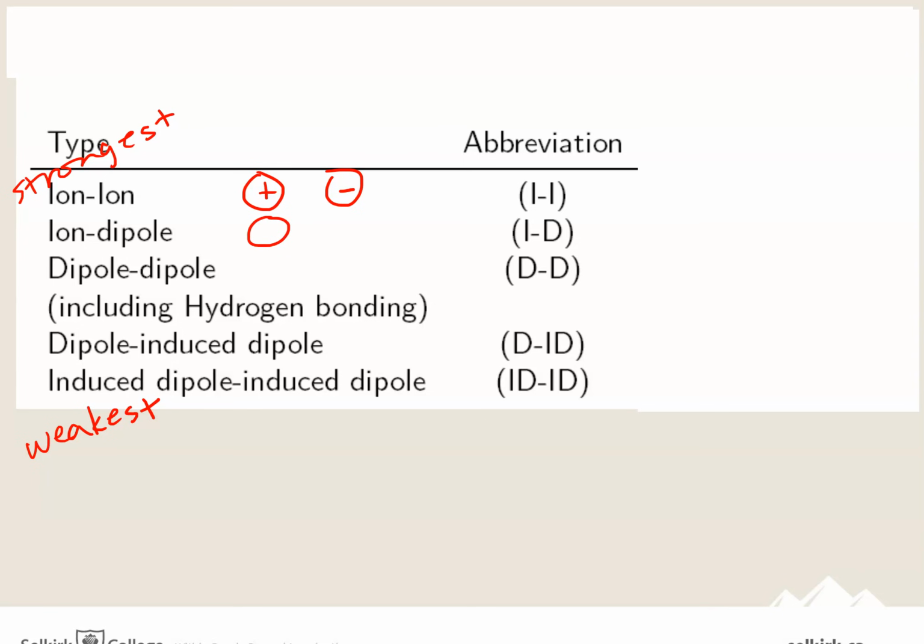I can have an ion attracting a polar molecule. That's an ion-dipole interaction. I can have a polar molecule attracting another polar molecule. And there's an especially strong case called hydrogen bonding that I'll actually move up in the order like that.